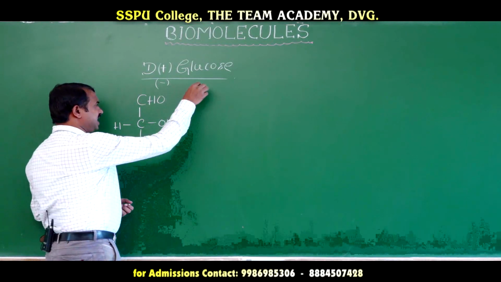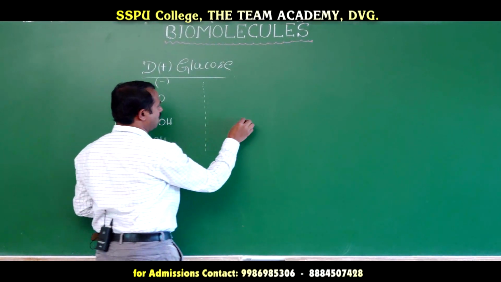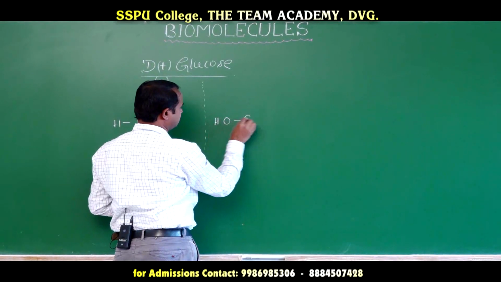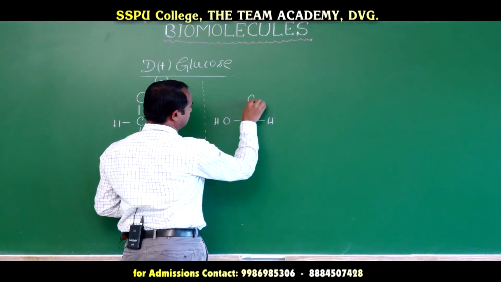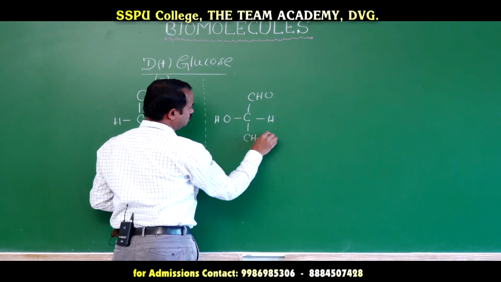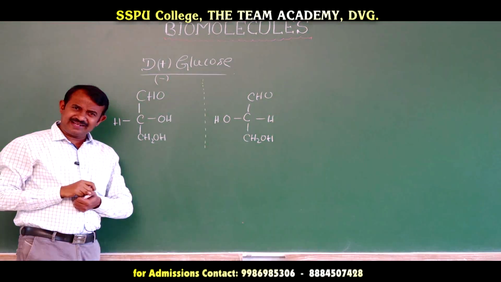Now take the mirror image. The same compound: carbon with OH, H, CHO, and CH2OH. This is the structure of glyceraldehyde.